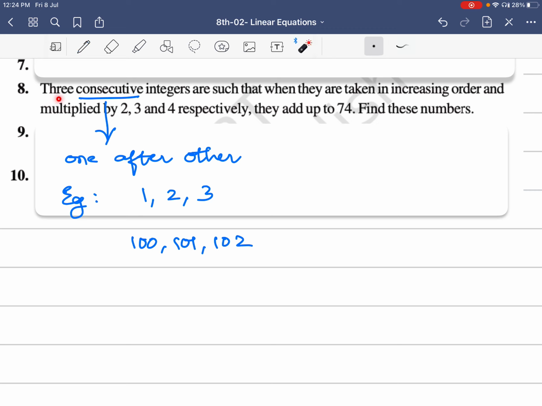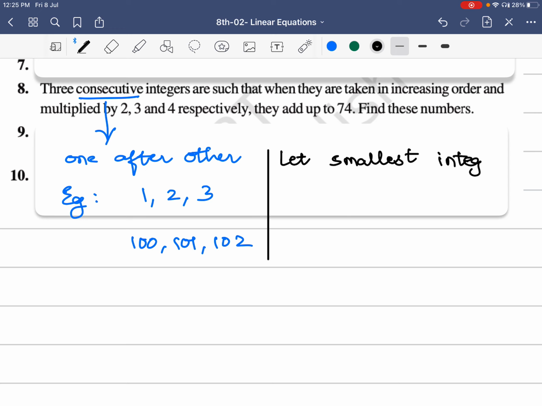Now they are saying that three consecutive integers are taken in increasing order and multiplied by 2, 3, 4 respectively. So let's start with our unknowns. Let the smallest integer be equal to x.